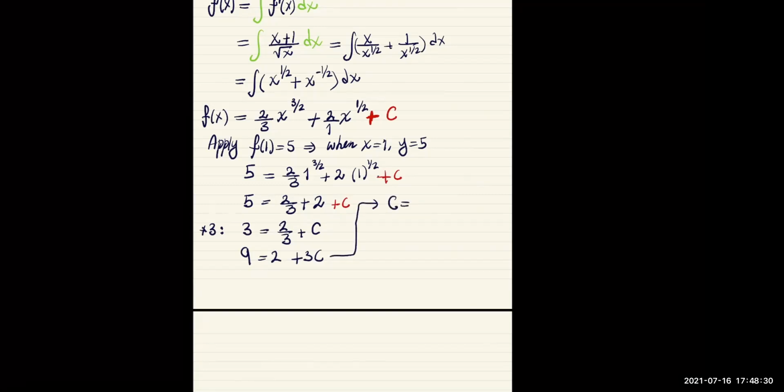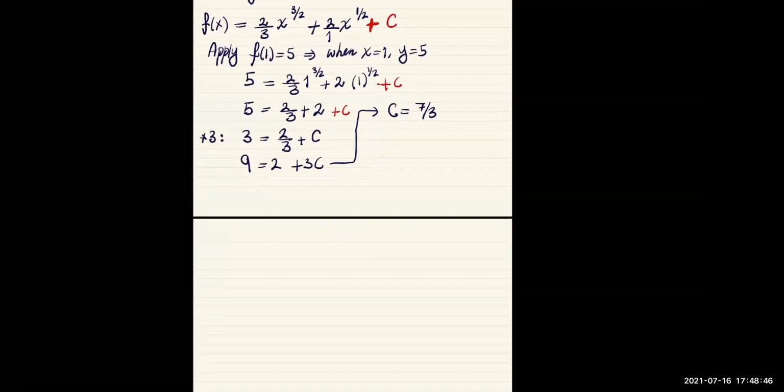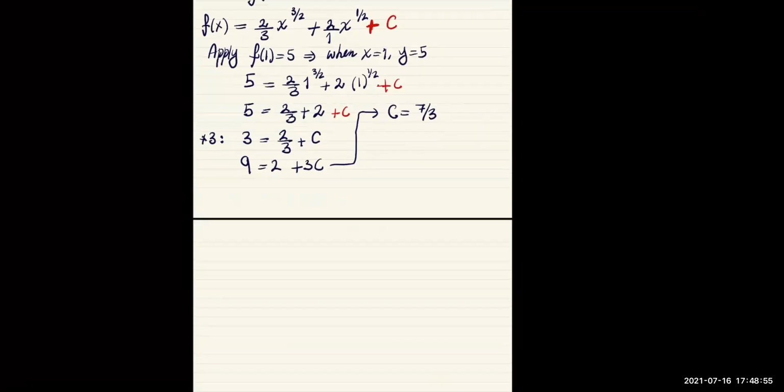And then divide by this 3, you get 7/3 for C. So we are done. We found the actual function with now knowing C. You could solve it. Remember how I said I don't care how you solve these equations, just solve it any way you like. So here's the final answer.